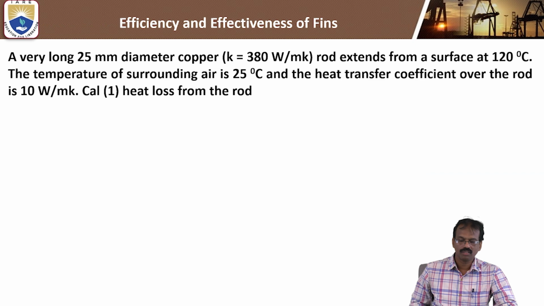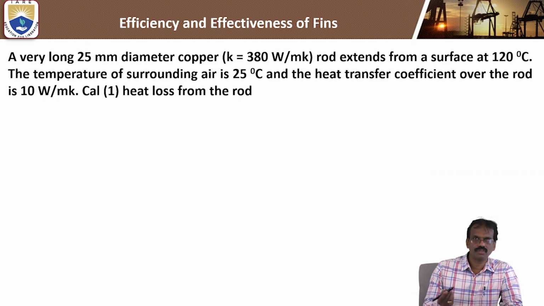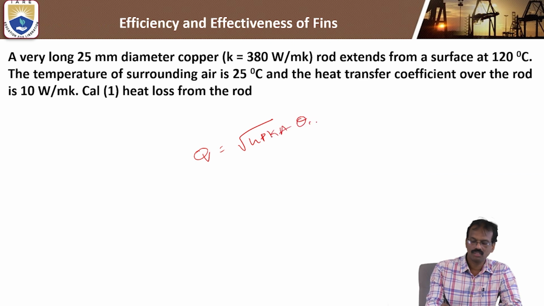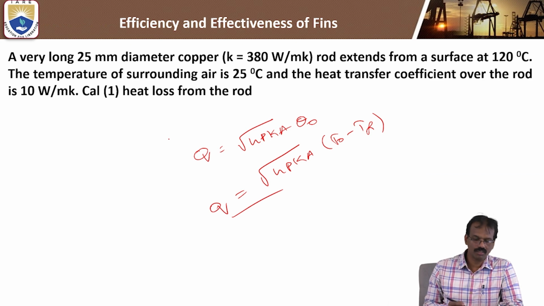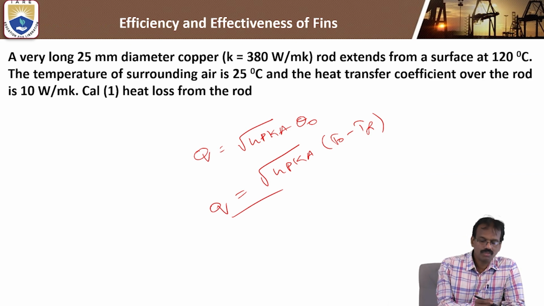This is a very long fin, so you know that the Q value is under root of hpKa into theta naught, where theta naught is T naught minus T infinity. If you know this formula, you can solve this numerical. The derivation was already discussed in the last class.